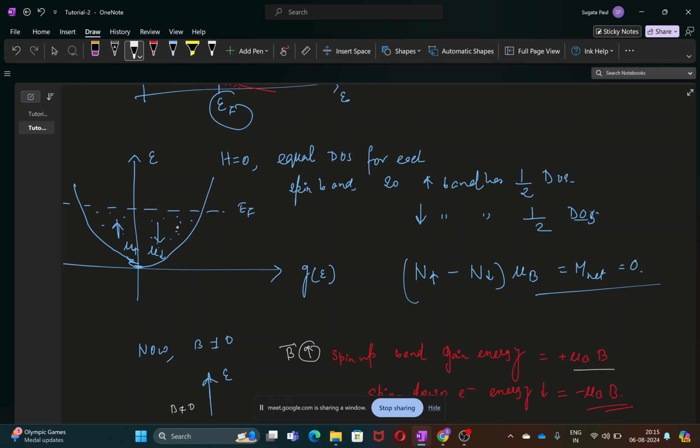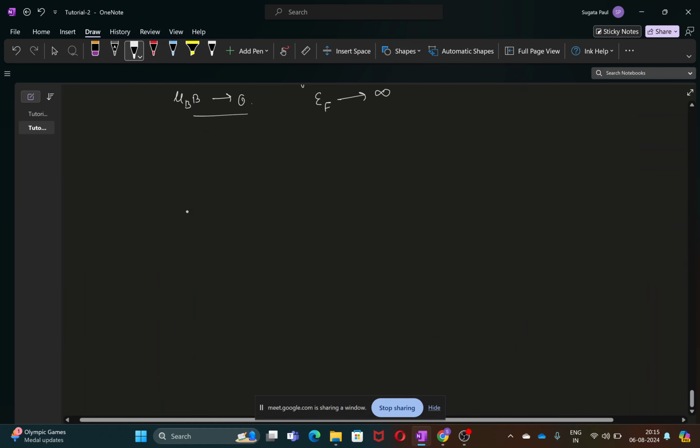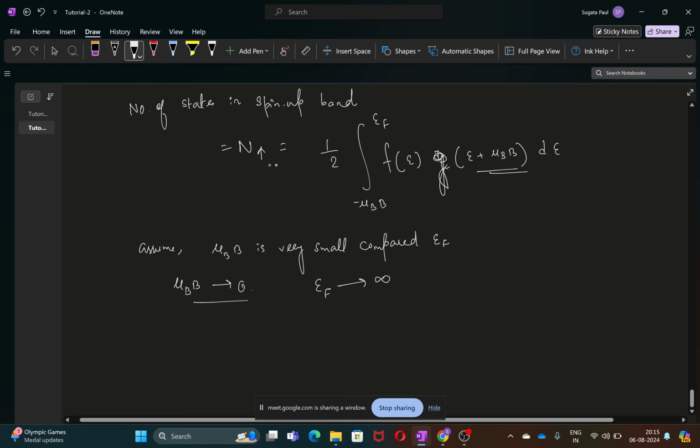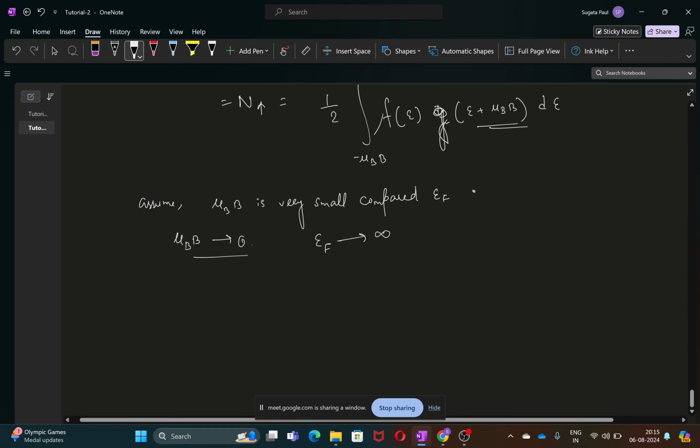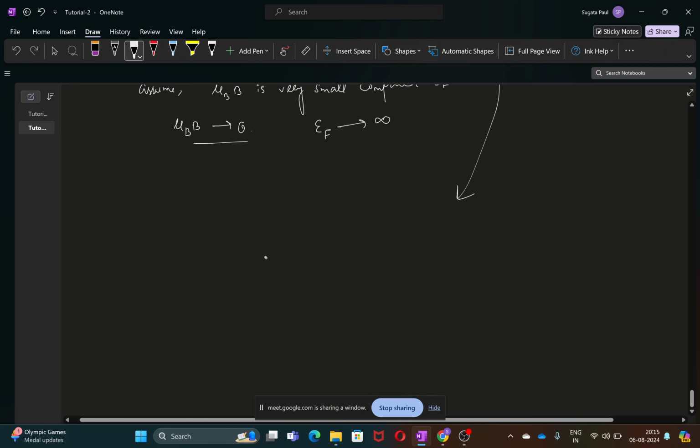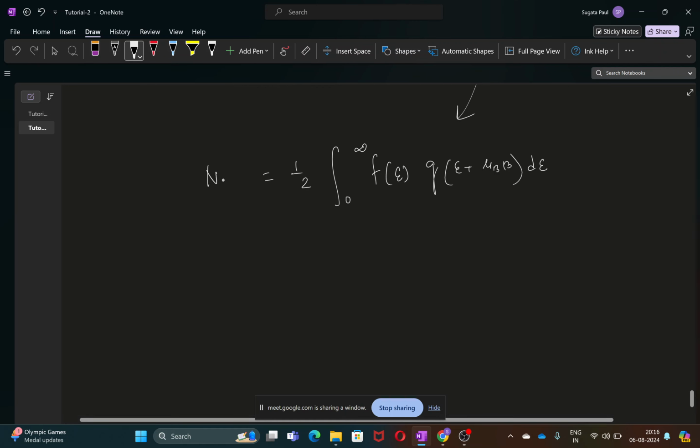So whenever you count the number of states for these two bands separately, you have to take a half factor. This simplifies to half, integral from 0 to infinity, f(ε) g(ε + μB·B) dε. So this is your n up now.